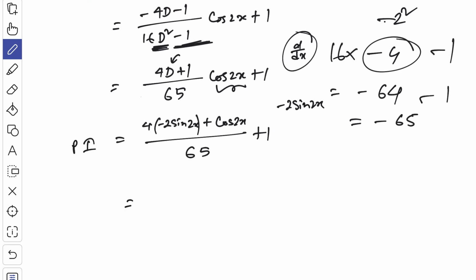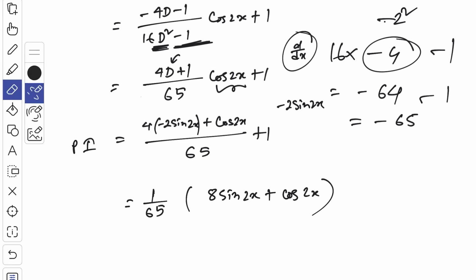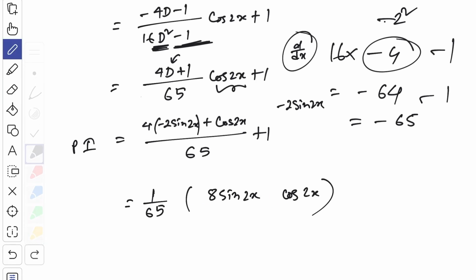So this is our PI. So that is equal to minus 8, or you can write this way, 1 by 65 (minus 8 sine twice x plus cos twice x). Or you can take the minus sign common, then we have got minus 1 by 65 (8 sine twice x minus cos twice x), and this plus 1 should be written here.